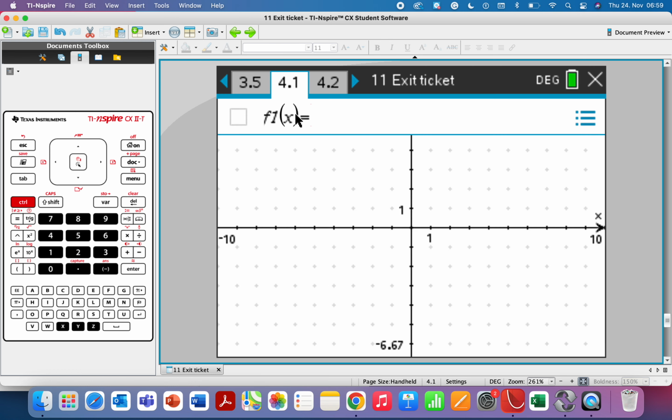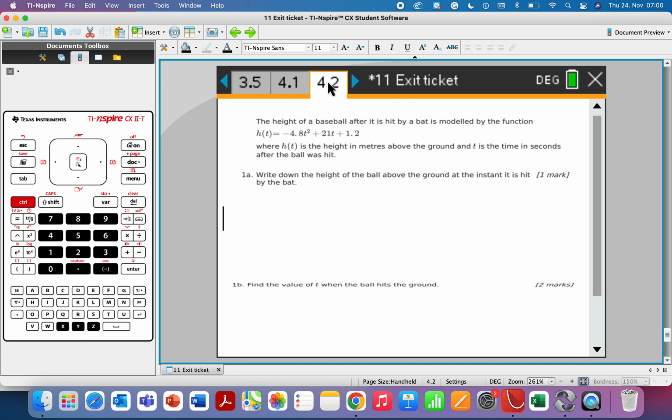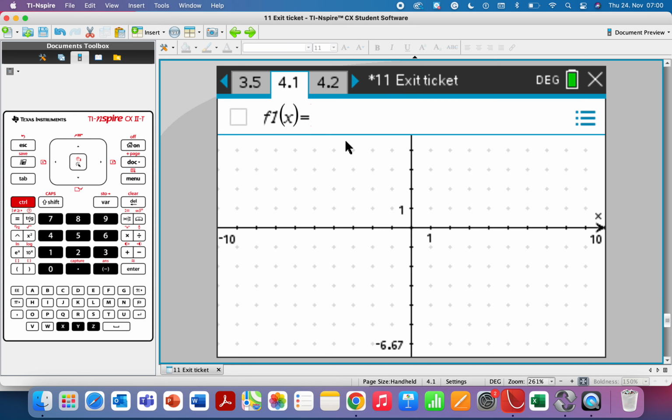So negative 4.8. Instead of the variable t, of course, we have x squared. Just go back, make sure we get the right one, plus 21t. Oh, try that again. Negative 4.9x squared plus 21t plus 1.2.